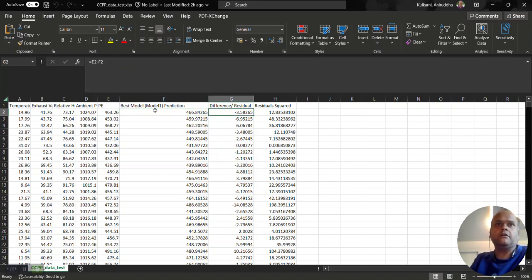So again, similar difference between actual and predicted values. We also get the squared of the residual values here.